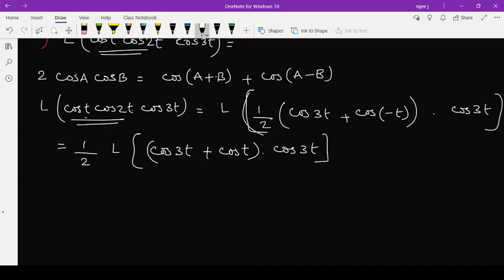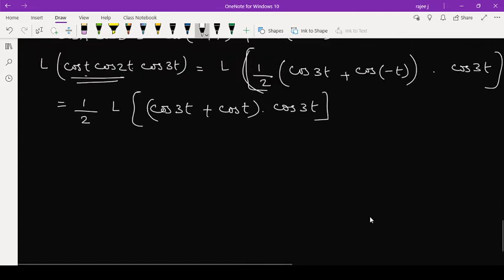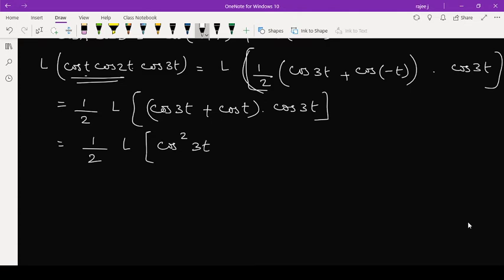Now that is equal to 1 by 2 of, take that cos 3t inside and multiply. So cos 3t into cos 3t is cos square 3t, plus again cos t into cos 3t. Again you need to apply the formula there.